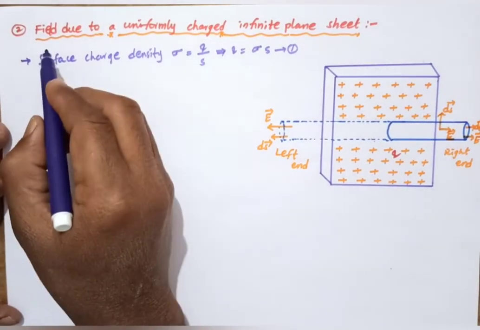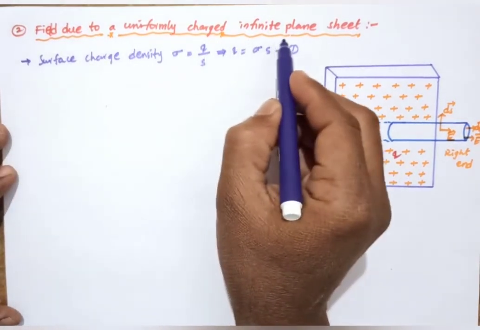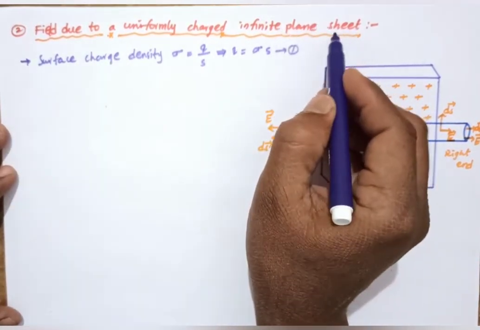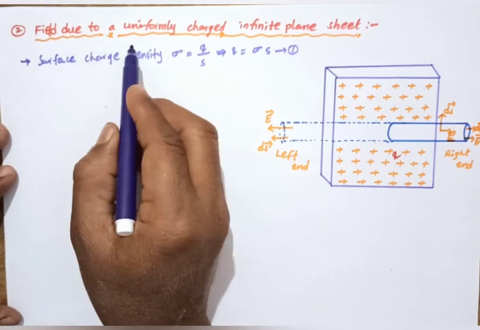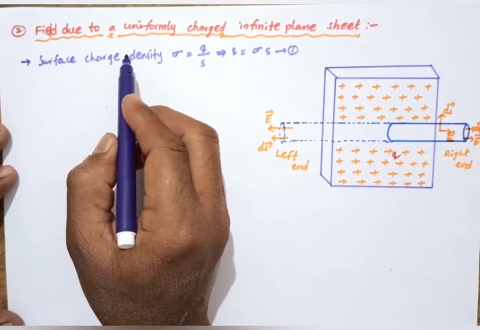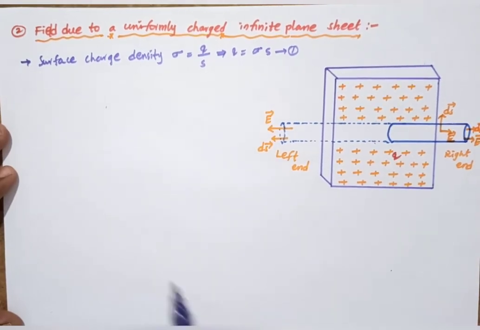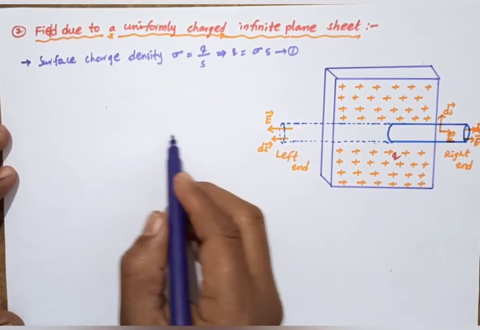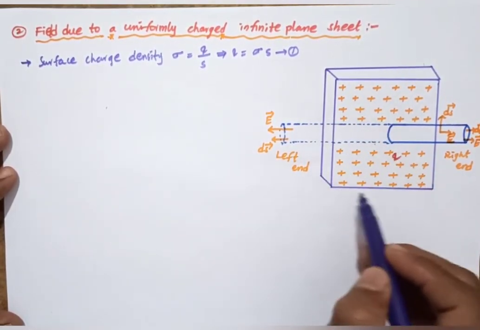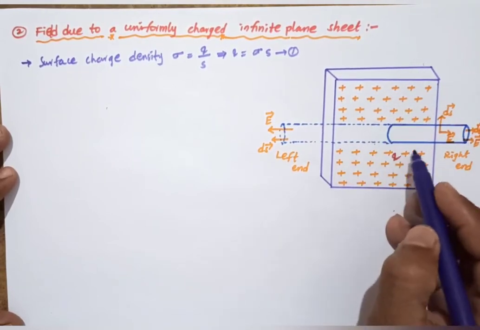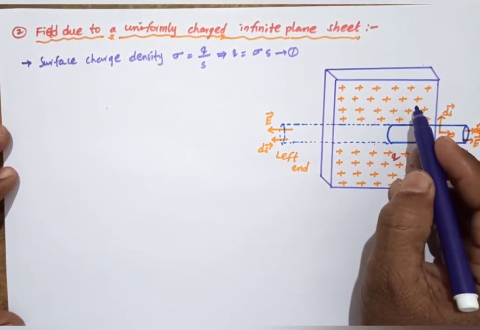The next topic, the second application of Gauss law, is the field due to a uniformly charged infinite plane sheet. This is a charged infinite plane sheet.